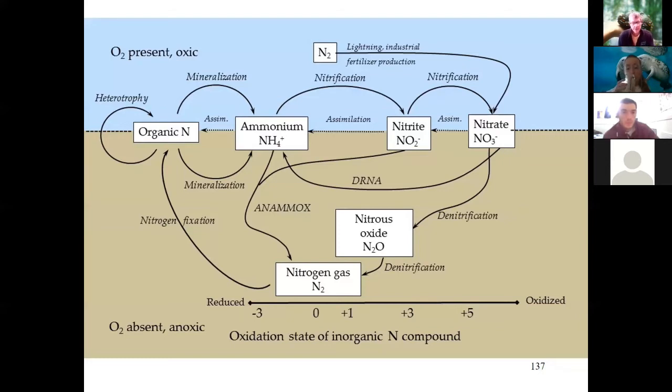Okay, so this is the nitrogen cycle. One of the other things that can help you think about these and understand them is I left one off, mineralization, right? And mineralization can happen in oxic or anoxic environments.